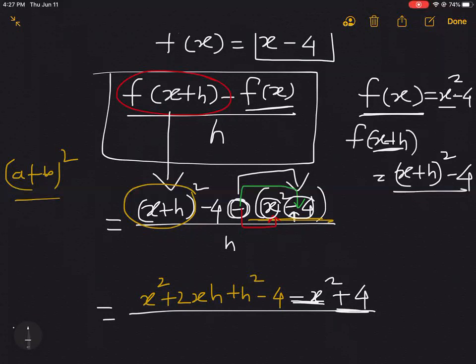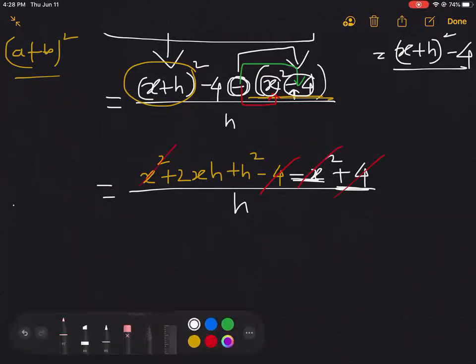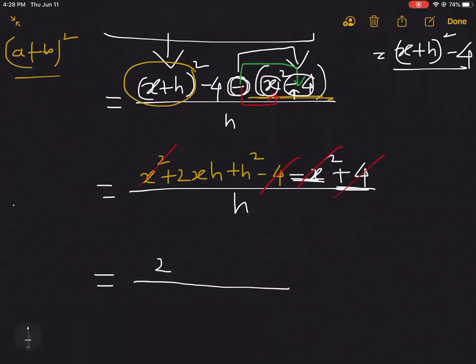Okay, now let's see if we can simplify it further. Definitely this 4 and 4 get cancelled. This x squared and x squared get cancelled, right? So next, we have 2xh plus h squared over h. Can we simplify it more?